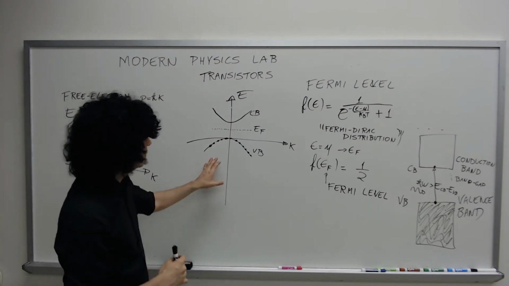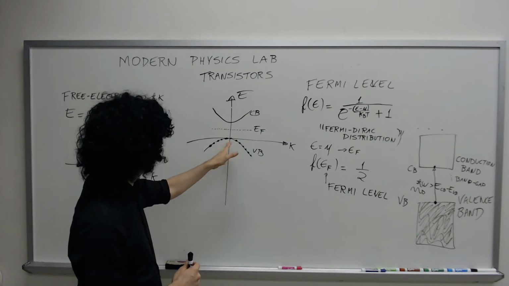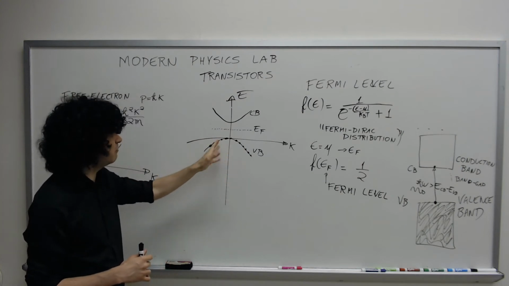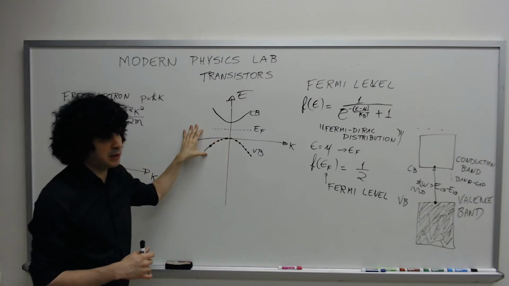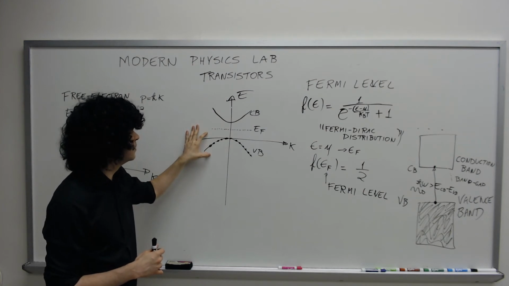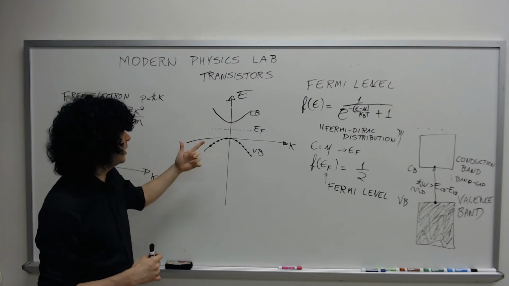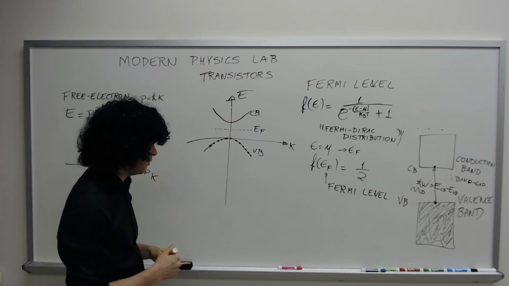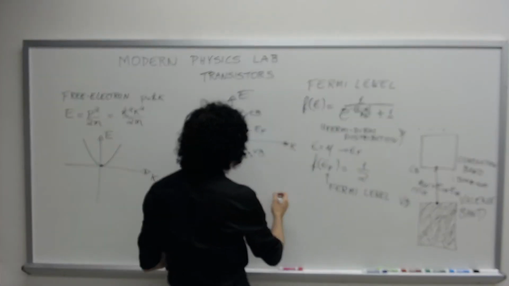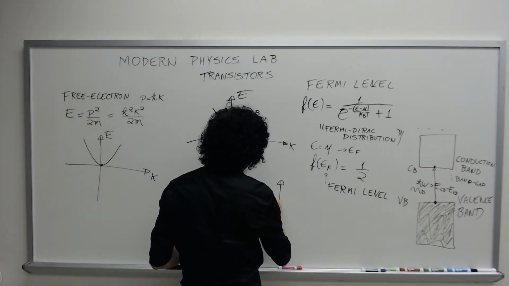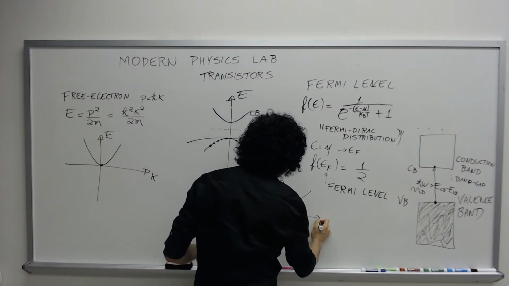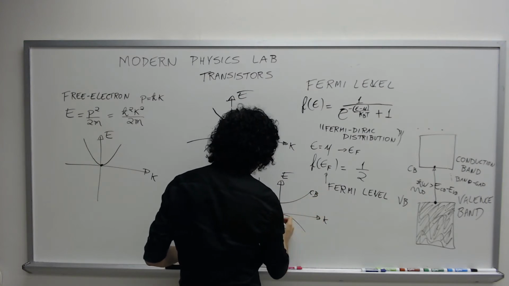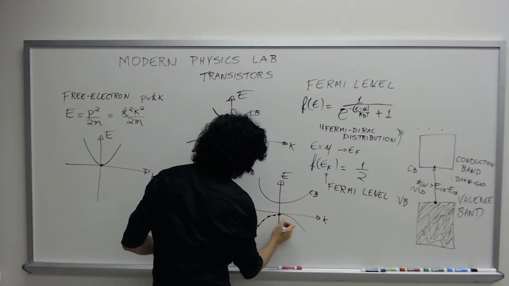Okay, so if the electrons are all in the valence band, and the valence band is completely filled, you cannot conduct electricity in this case. To conduct electricity, you have to excite an electron to the conduction band. For example, by absorption of a photon, you can take one electron from the valence band to the conduction band.